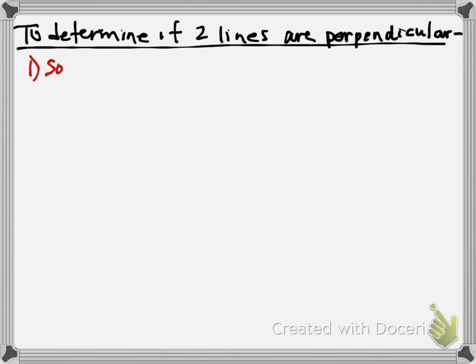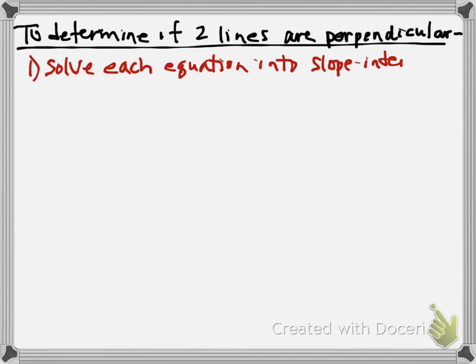You're going to solve each equation into slope-intercept form. And the whole reason why we do that is the second step, so you can identify the slopes.